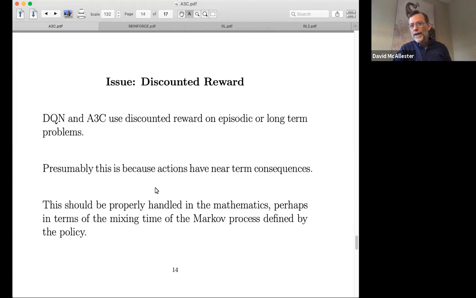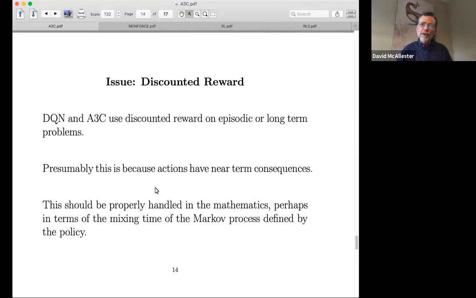Another thing that's strange is that these algorithms are trained with discounted reward. But if you think about a game like that Breakout game or one of these other games, it's really sort of episodic, or at least the game lasts much longer than the discount rate is looking into the future. The weighting tends to go to zero long before the game is actually over in these Atari games.